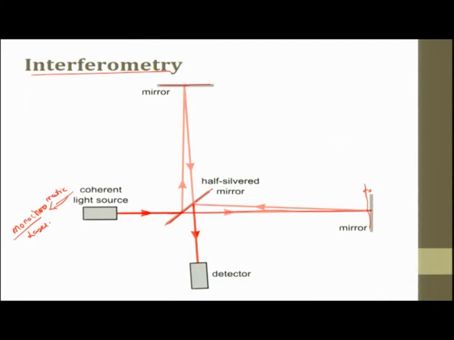So, there is a phase difference between these reflections, maybe A1 and A2, and this difference is pushed into the detector. In this detector the fringe patterns are counted and you report it in linear displacement. This is a typical interferometry principle.